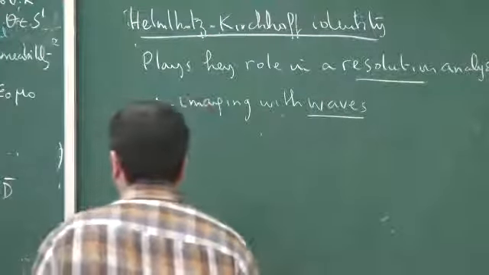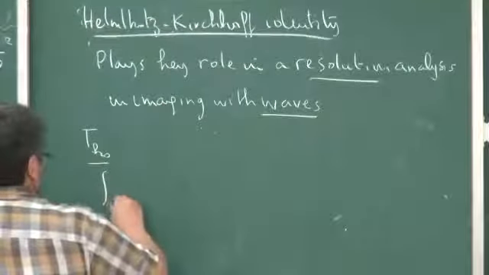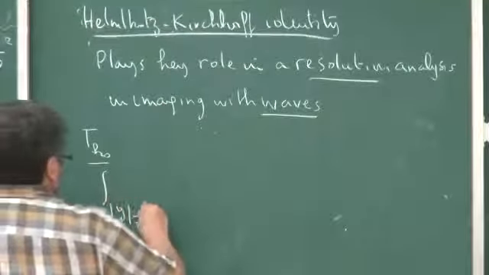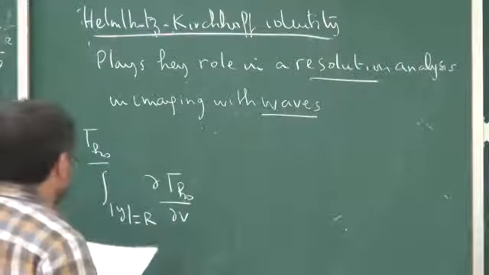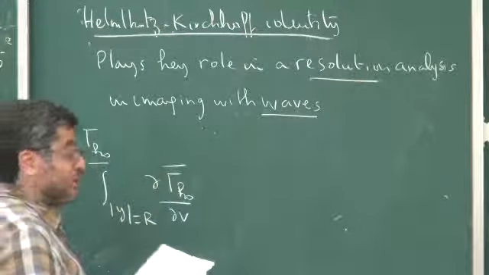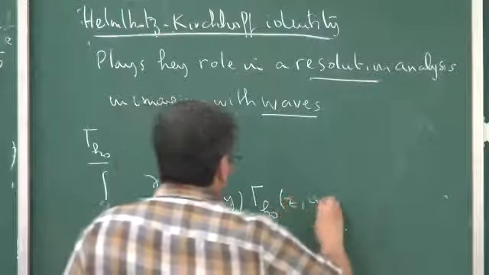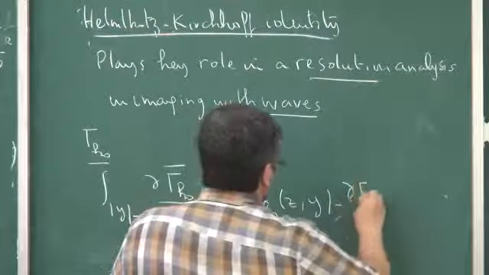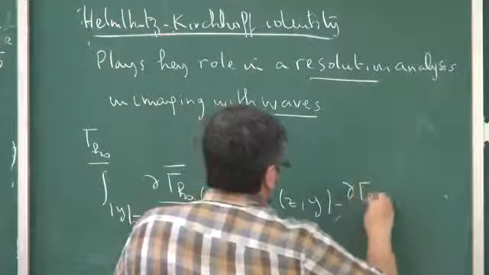So it says that the integral on |y| equal R of the normal derivative of the fundamental solution complex conjugated, gamma k0 bar (x, y), times gamma k0 (y, z), minus the normal derivative of gamma k0 (y, z) times gamma bar (x, y), and you integrate all of this on d sigma y.